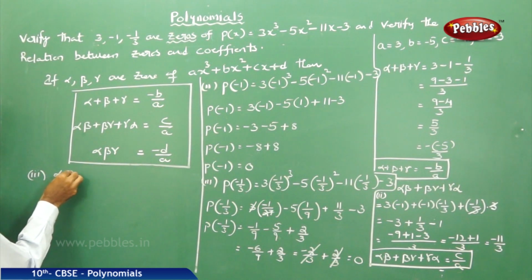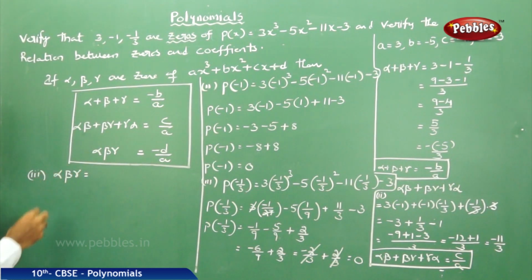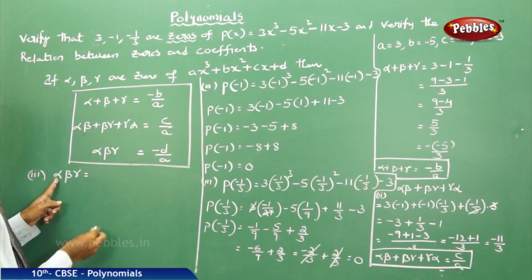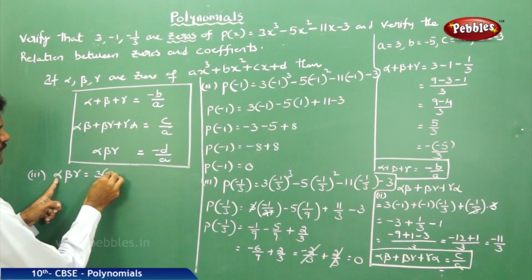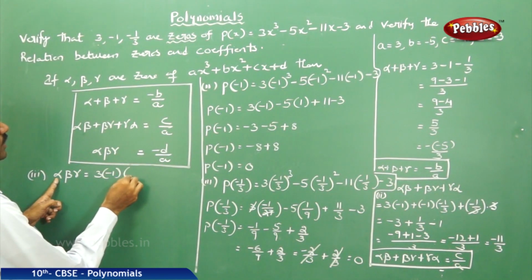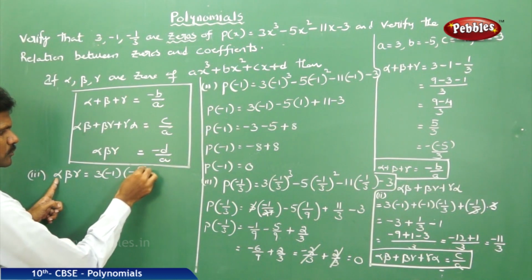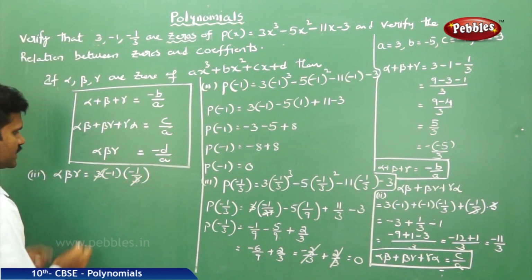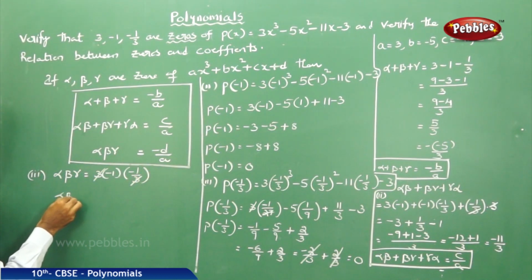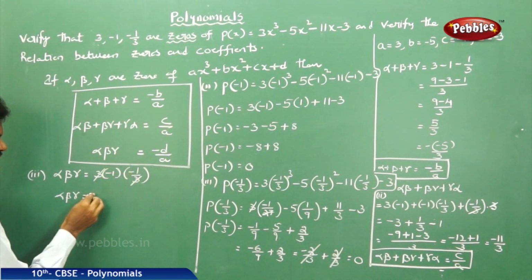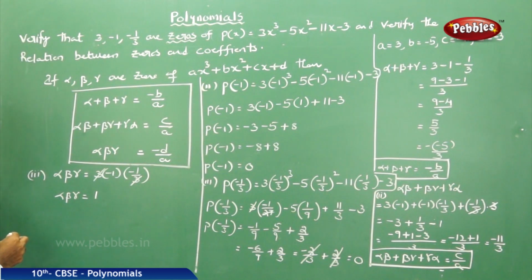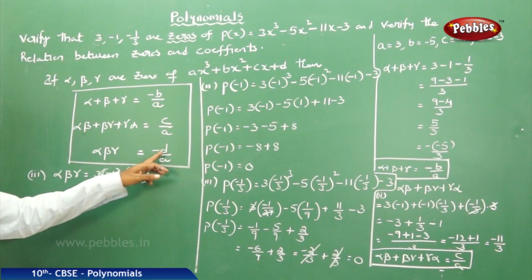Alpha beta gamma is nothing but the product of the zeros. Alpha value is 3, beta value is minus 1, and the gamma value is minus 1 by 3. Minus into minus is plus, so alpha beta gamma is 1, which is equal to minus d by a.